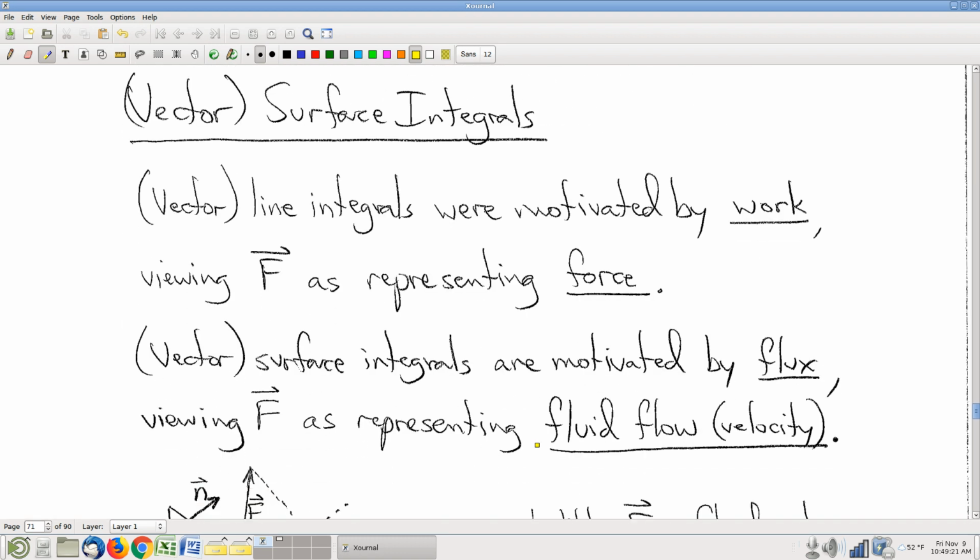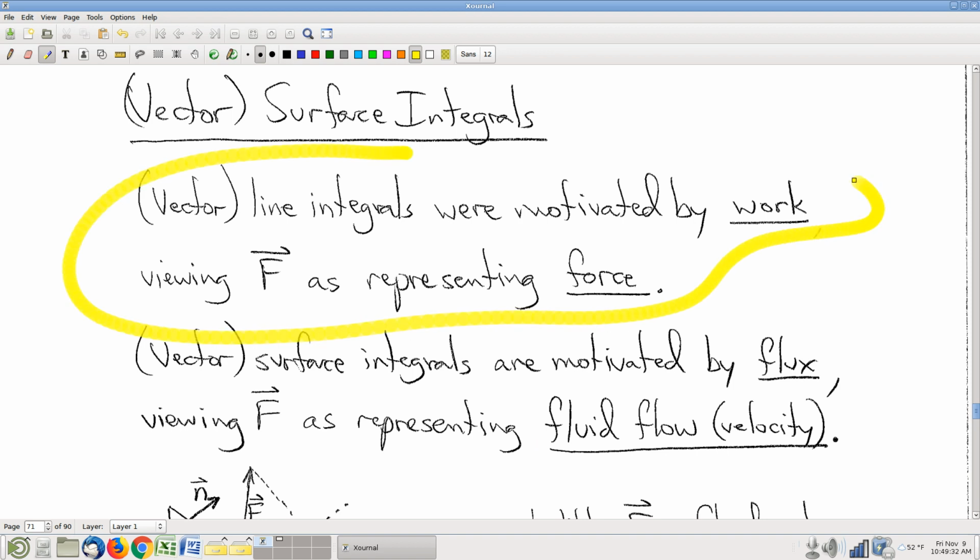Now we're going to go up to a three-dimensional version of flux. All right. So same story, different details. So you remember the little speech I gave? Sometimes you think of vector fields as representing forces. Sure. If you're computing work with a line integral, then you think of the vector field as representing force.